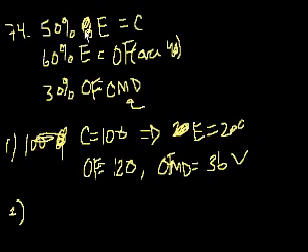So statement 2. Of the employees 40 years old or less, 25% have master's degrees. So that doesn't tell us anything, really. I mean, it doesn't tell us how many employees there are over 40, which was one of the things that we realized we had to figure out.